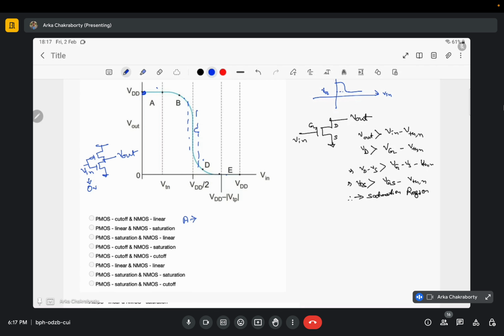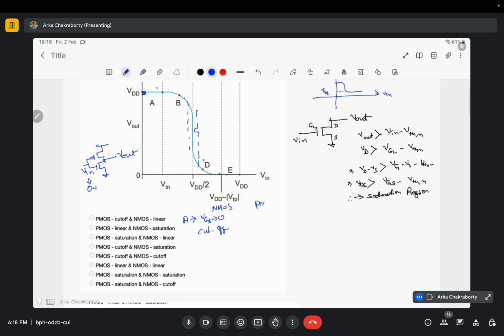Let us consider 0 volt for this case. If V in is 0 volt, for the NMOS transistor my VGS would be 0 minus 0, which is 0. So VGS is less than VT, so NMOS is in off condition, the cutoff condition.